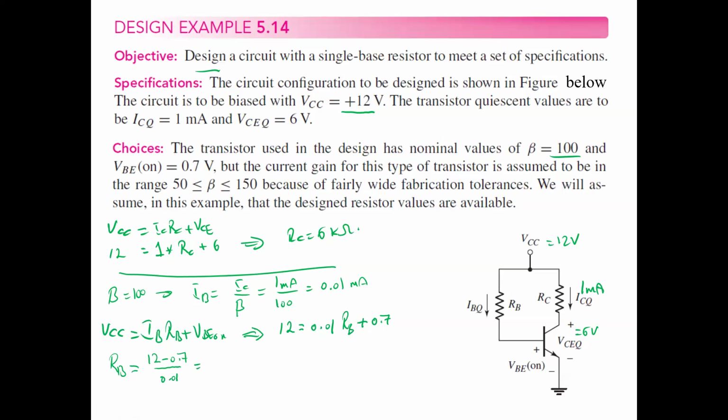Let me calculate that with you: 12 minus 0.7 divided by 0.01 is 1,130, which means the resistance is, let me write it first in kilo ohm, 1130 kilo ohm, or 1.13 mega ohm. So this is the base resistor for the base current value, according to our calculations and the assumption of beta equals 100.